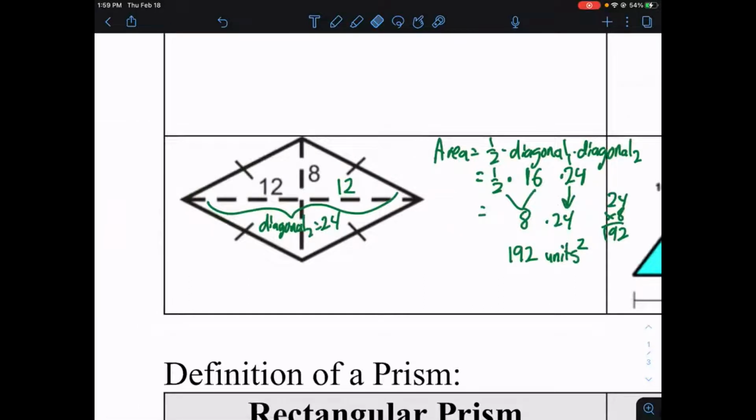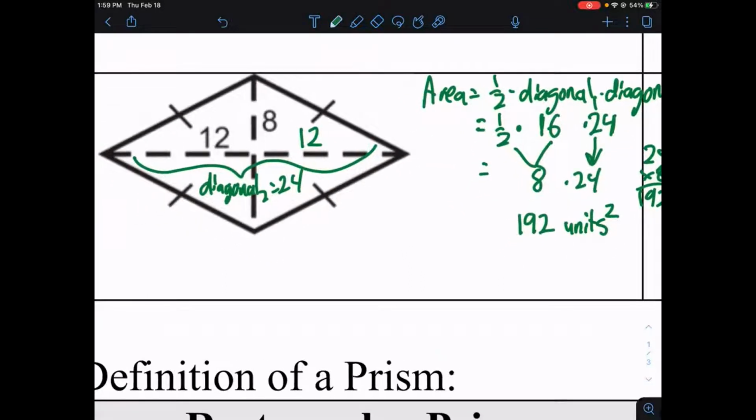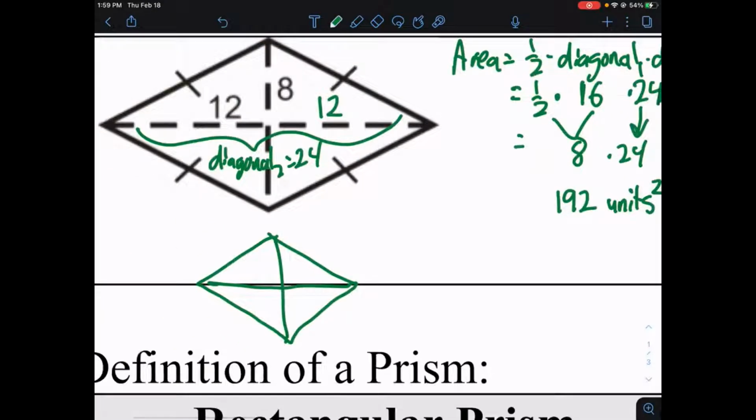Okay, so where does this formula come from? Okay, so if we think about the rhombus with, let me draw it smaller, the 2 diagonals drawn in. So this is split up into 4 triangles, right?